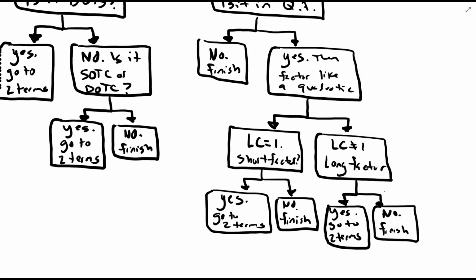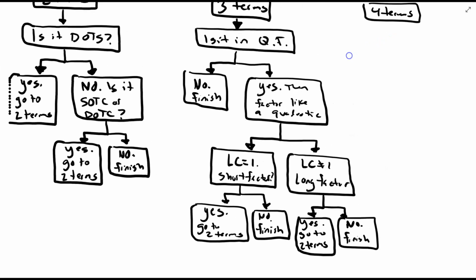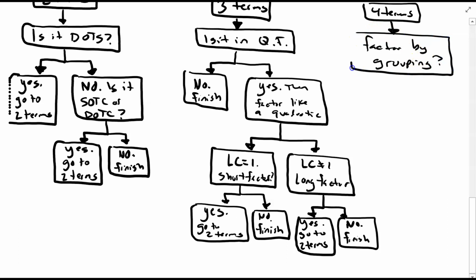And then the last branch that we had to deal with was the four-term branch. So the only option we have with the four-term ones is, can we do a factor by grouping here?